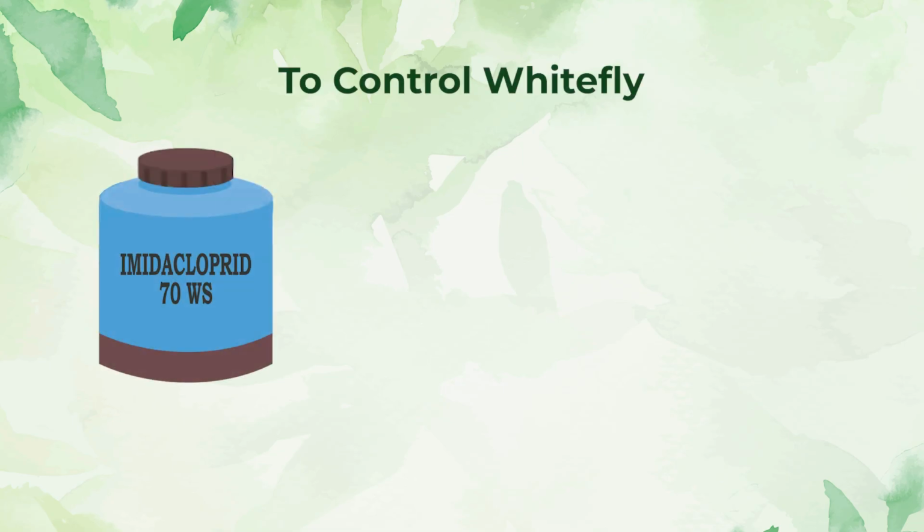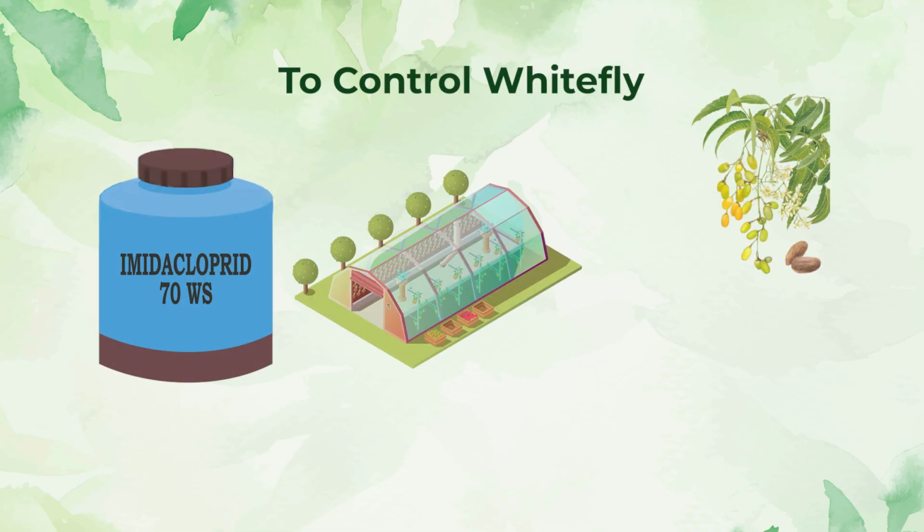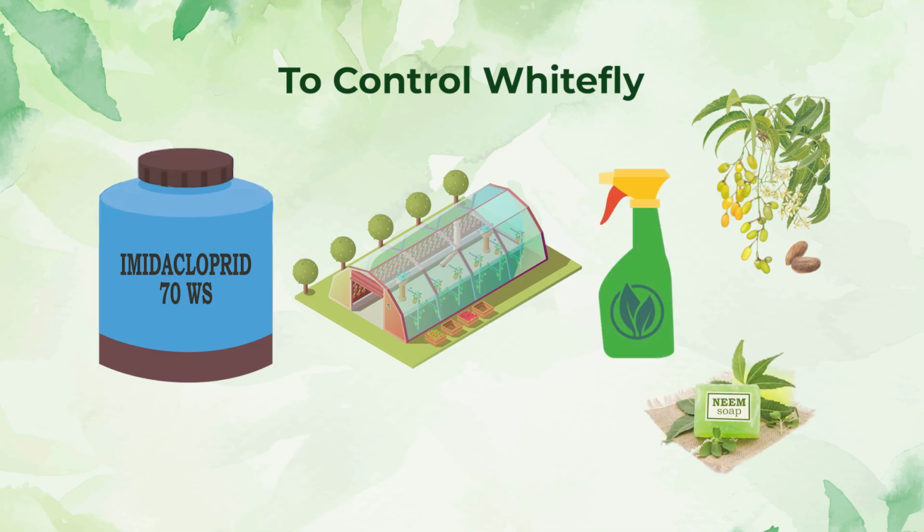First, remove weed hosts which harbor the white flies to reduce the incidence of white flies. Second, treat seeds with imidacloprid 70 WS at 2.5 grams per kilogram to provide protection for 25 to 30 days. Third, use a nylon net of approximately 200 mesh covering for 25 to 30 days to avoid insect infestation in the nursery.